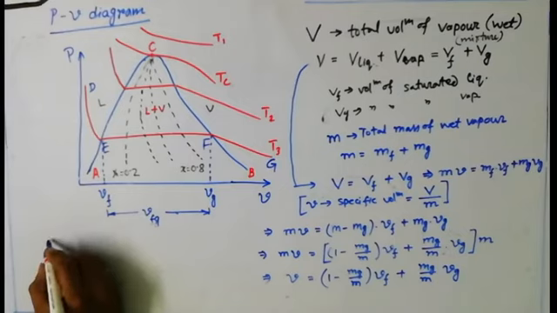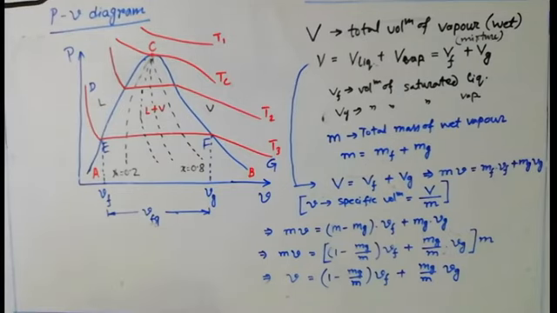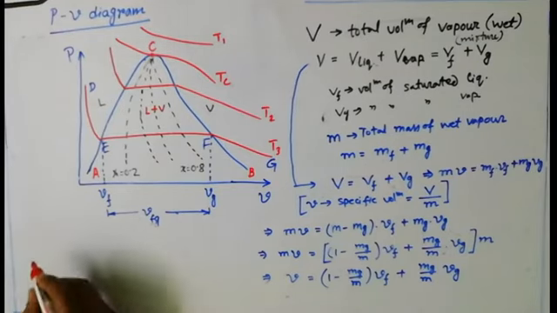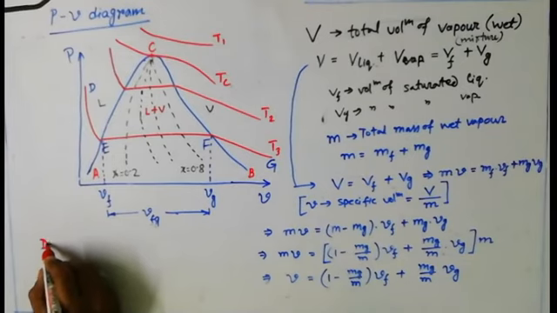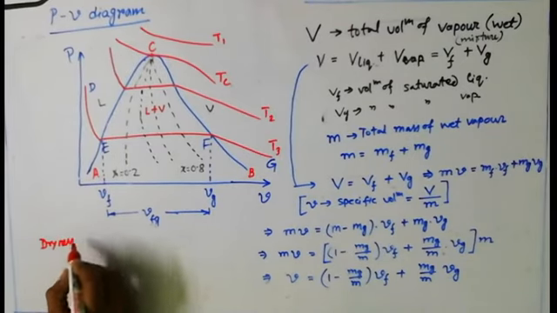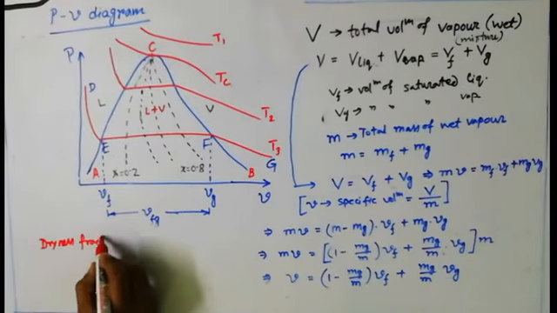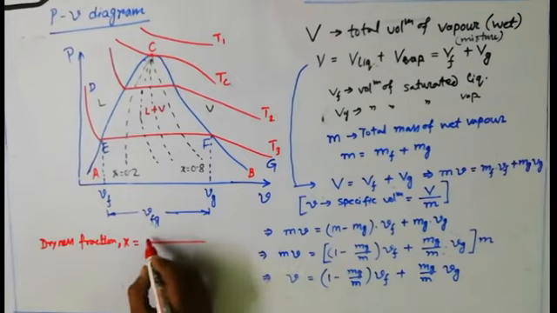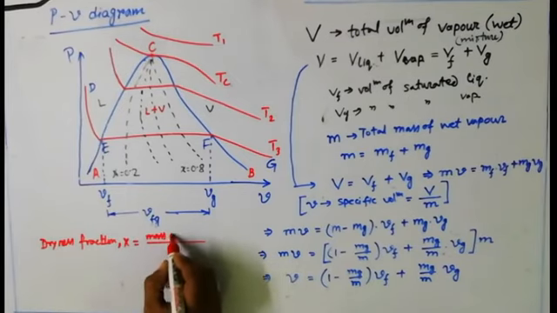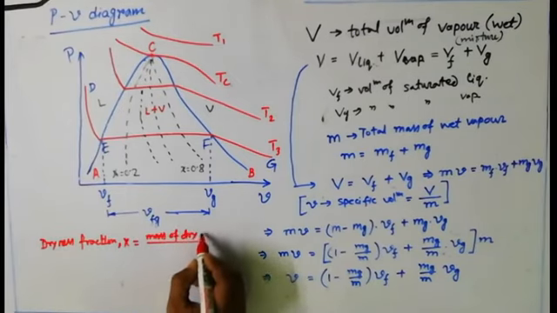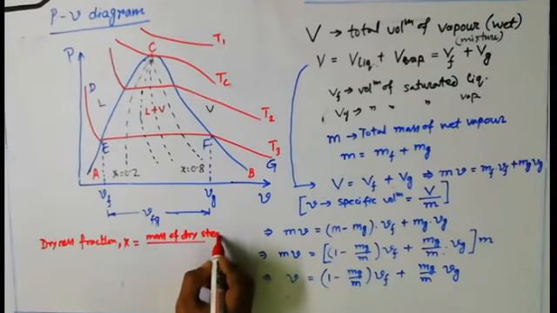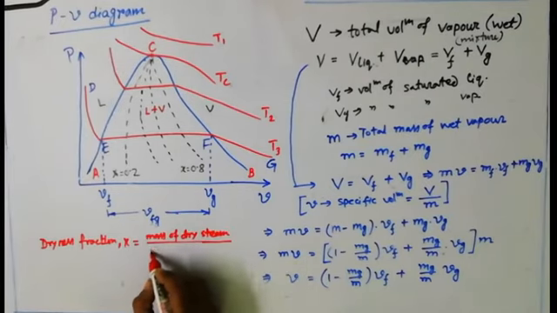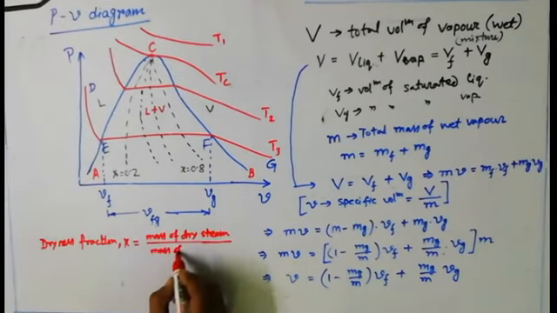Now coming to the dryness fraction, whatever I explained in the last video, the dryness fraction will come here. It is denoted by x, and it is nothing but the mass of dry steam to the mass of mixture.